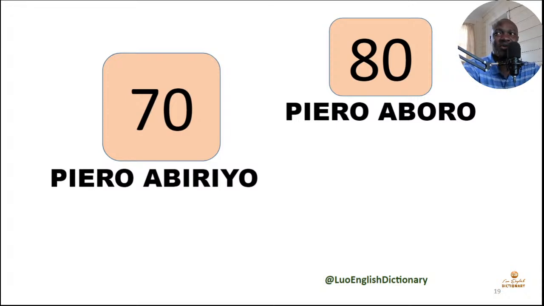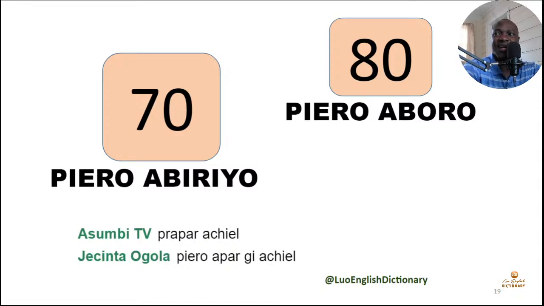Remember, 10 was apar, then 20 was piero ariyo, piero adek, piero angwen, piero abich, piero auchiel, piero aboro, piero ochiko, piero apar achiel, correct.